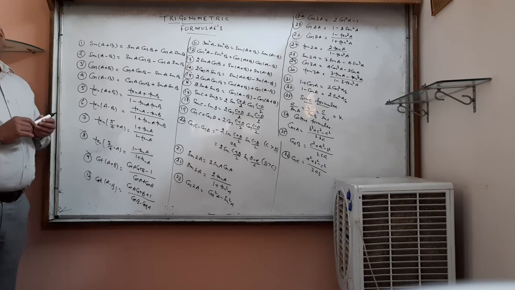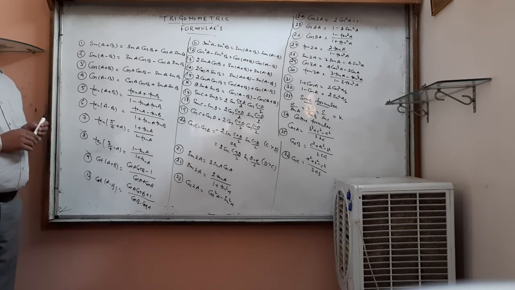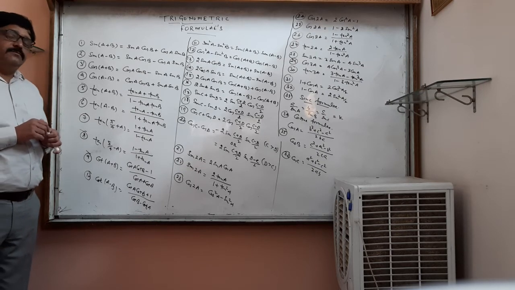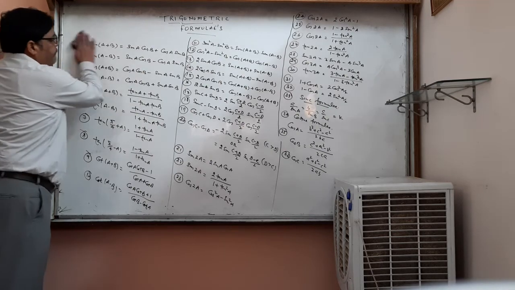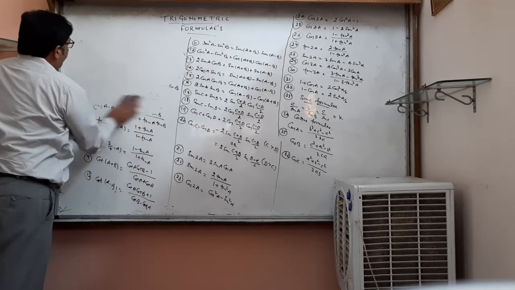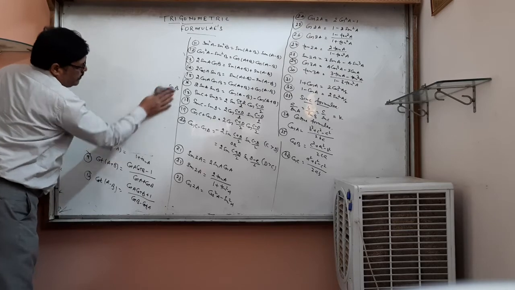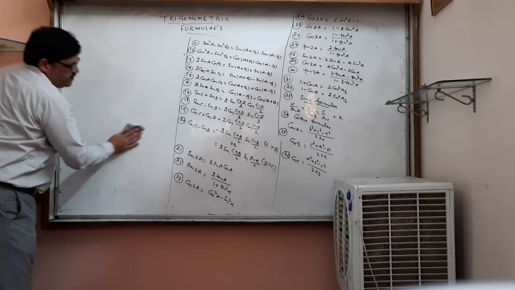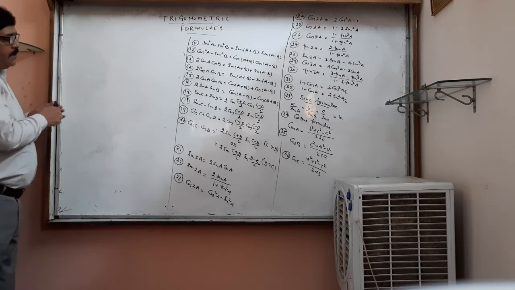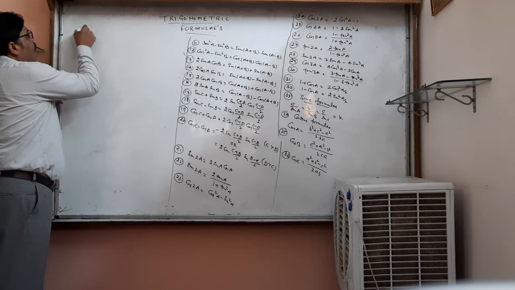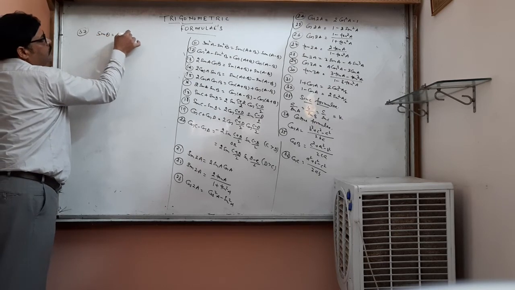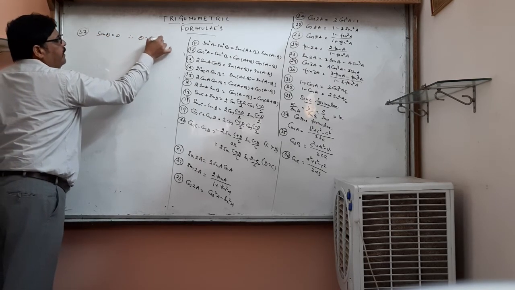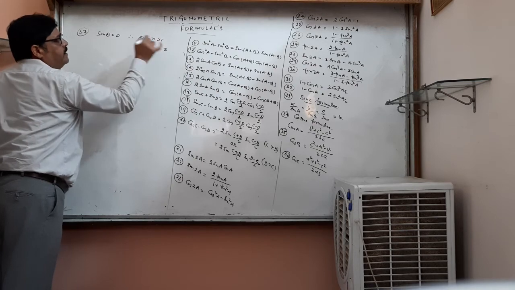Now next are the formulas to solve trigonometrical equations, where you should find out the general solution. When sin theta is 0, theta is n pi, n belongs to integer.